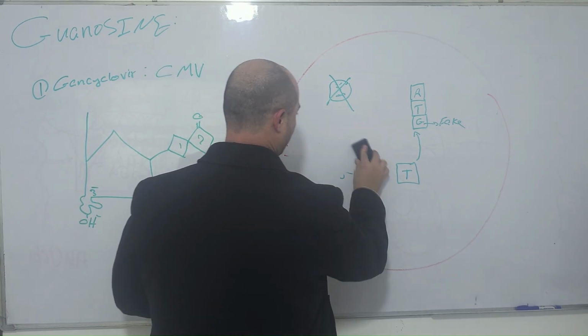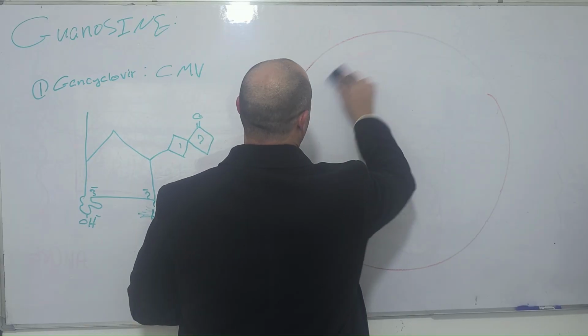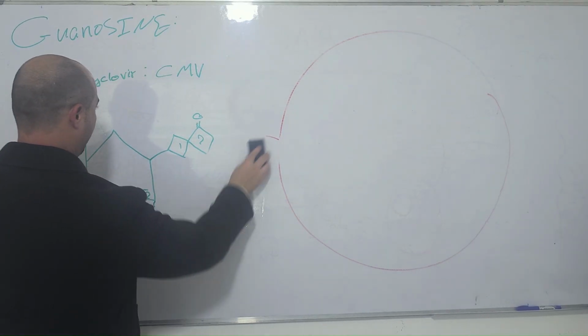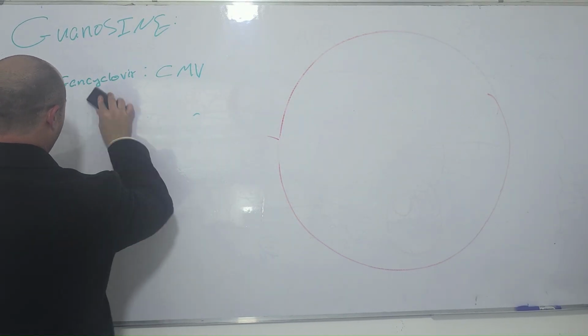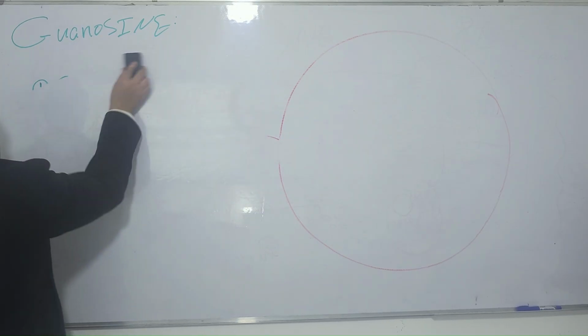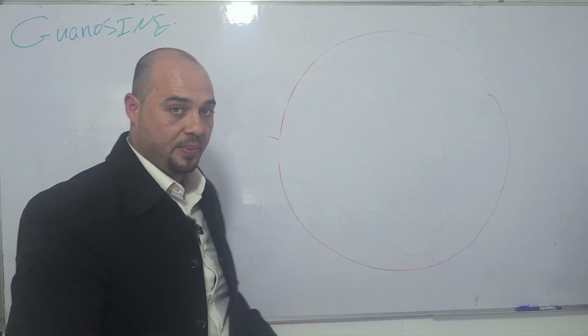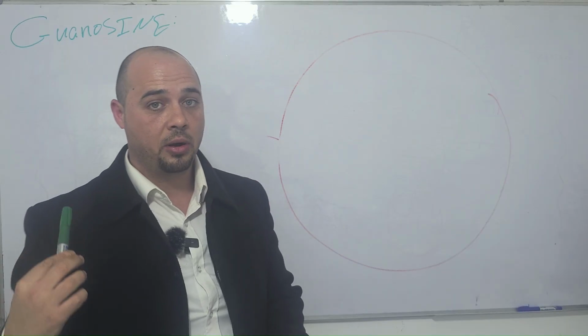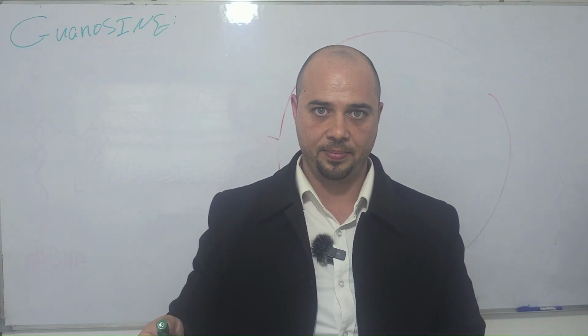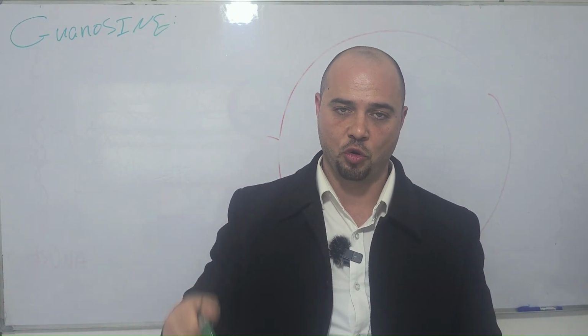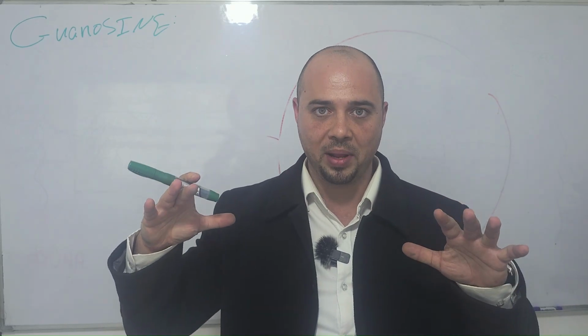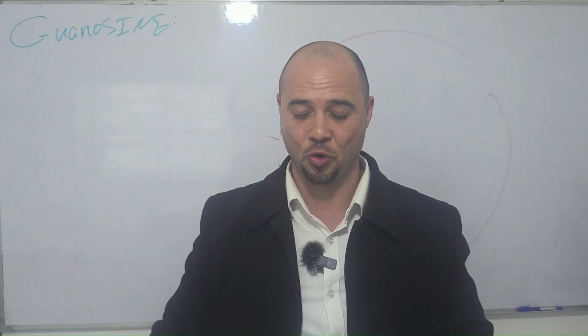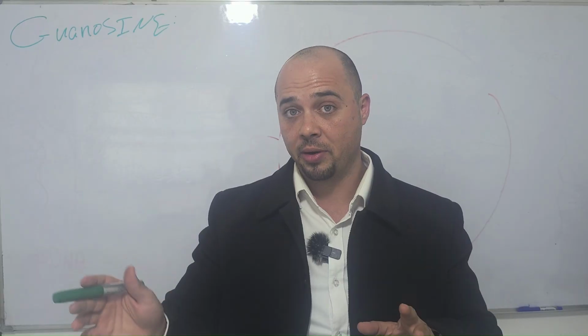A very important point, by the way. Listen, about acyclovir and ganciclovir, about both of them, in fact. The main difference: ganciclovir causes severe side effects. One of them is neutropenia, which means it causes the white blood cell levels in the body to go down. Acyclovir doesn't do that.